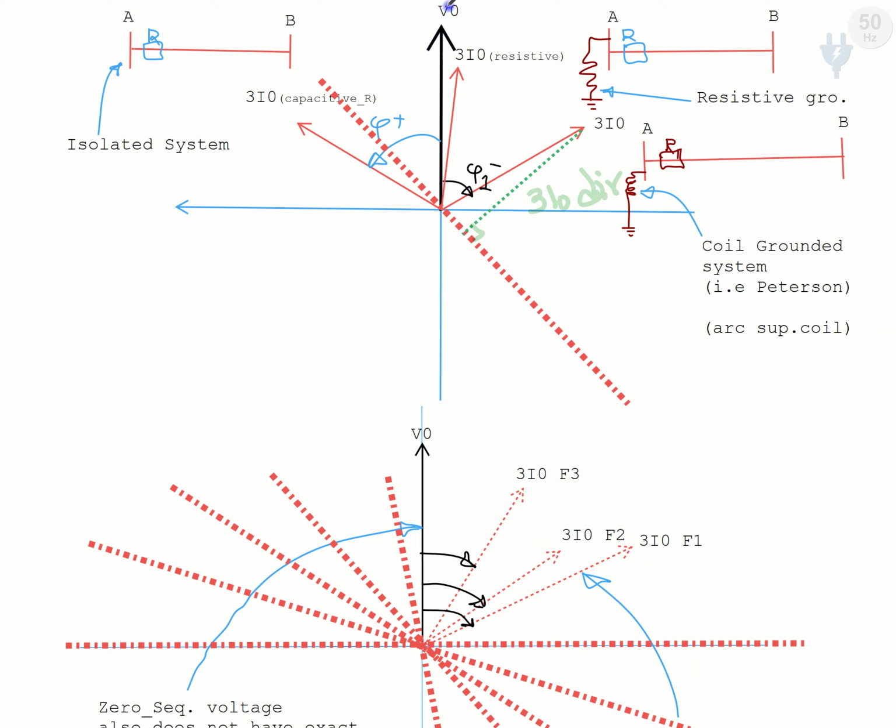We discussed that the V0 we cannot select as a symmetrical axis. So we take a symmetrical axis as an axis to determine which side should be forward and which side should be backward. And we try to analyze our system.